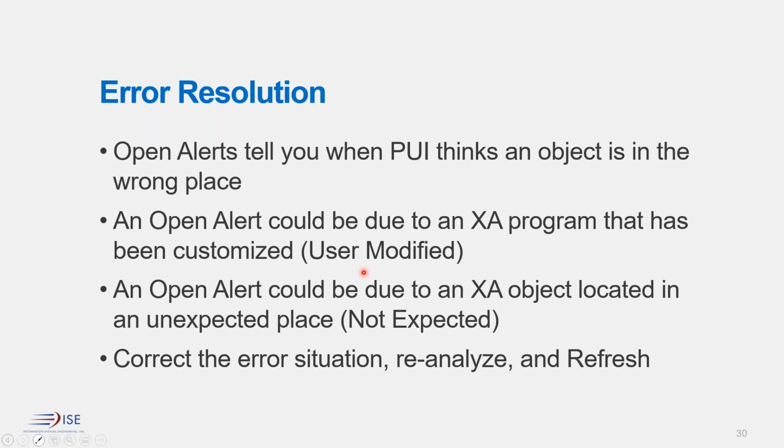So PUI is going to see the object both in AMA Lib, and it's also going to see it in your custom library. So that's going to give you a user modified open alert. Now the other type of open alert is the not expected one. These are the ones that you want to try to fix, because that means that PUI is seeing an XA object that is located in an unexpected place.